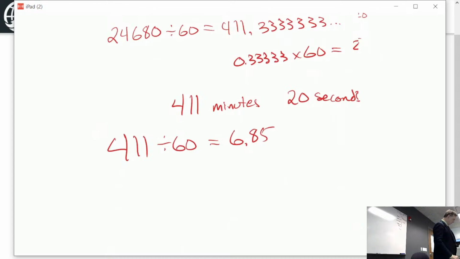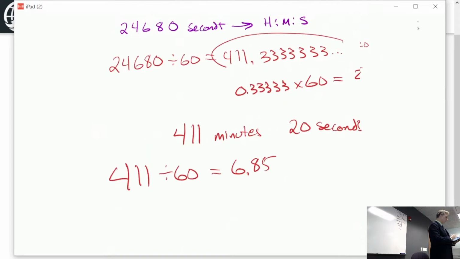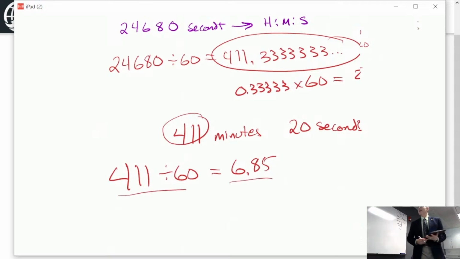I'm going to do it myself. I got 6.85. Did you do 411.333 divided by 60? Okay, if it's just 411 divided by 60, I think you'll get this. Try it again. Okay, so far so good. We're almost done. Super excited. Where's my next volunteer? Adele wants to do something. Adele, what do you want to do to this 6.85?